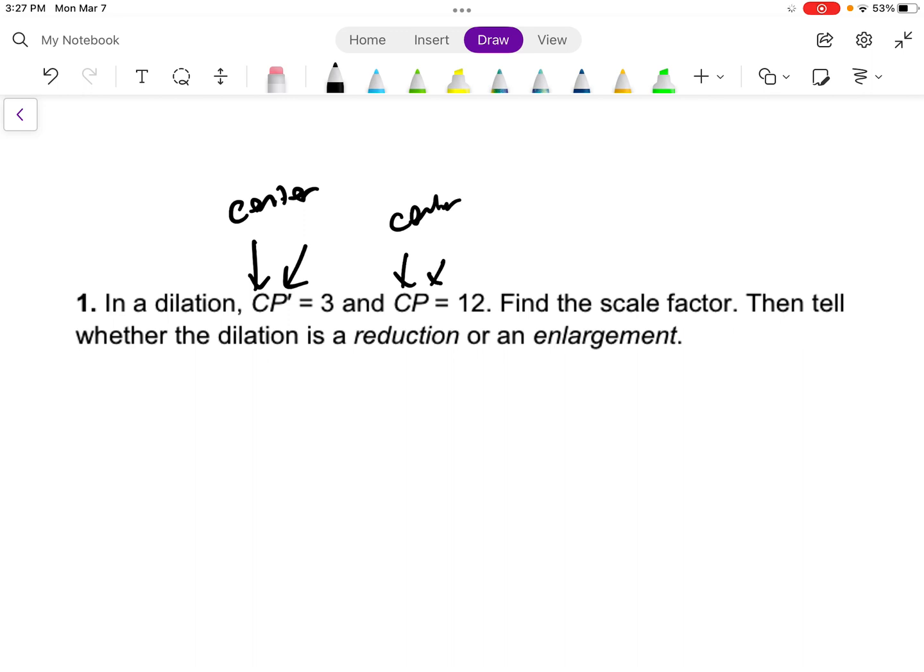So you have to decide if it's an enlargement or a reduction. Well, if this is the original, this is the new one because it has the prime mark. So I'm going from 12 to 3. So this one is a reduction. So I'm going to just compare those lengths. I'm going to go 3 over 12. So the scale factor would be 1/4 is what it'd come out to be.